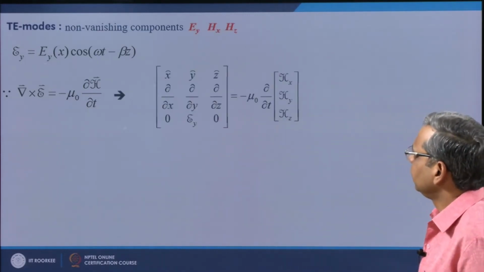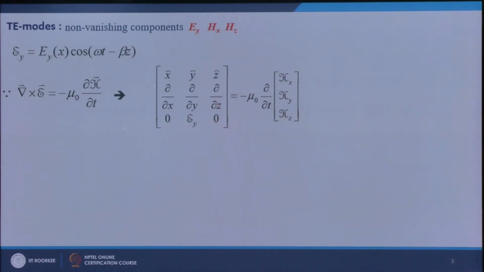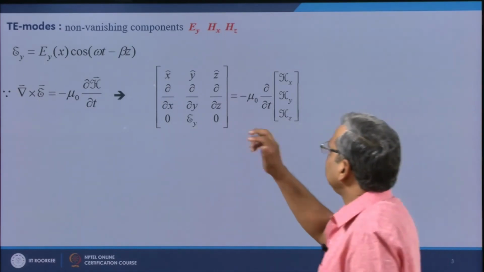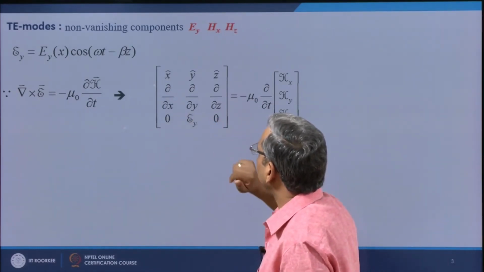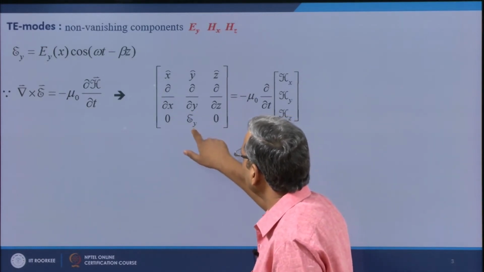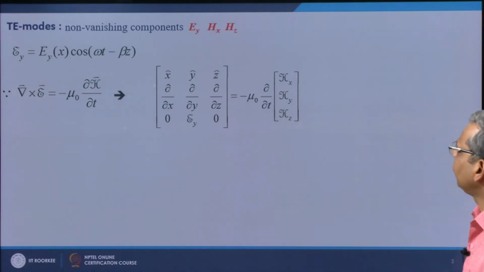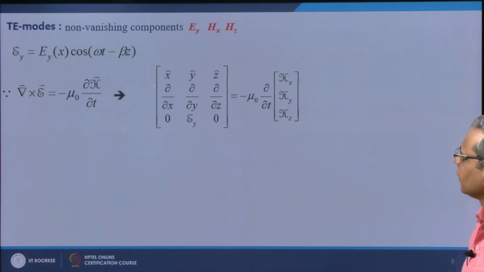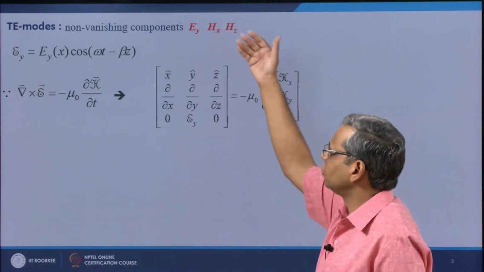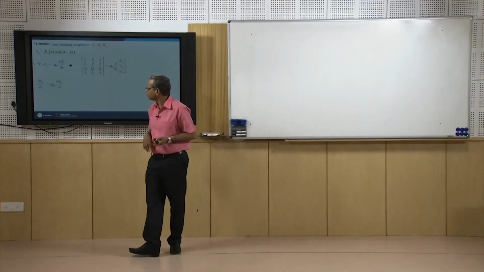So, if I expand this in matrix form, it would look like this, and in E, I know Ex is equal to 0 and Ez is equal to 0, only Ey is non-vanishing for TE modes. So, from here I can find out Hx, Hy and Hz. Hy is not there of course in case of TE mode. So, Hx and Hz I can get from here.